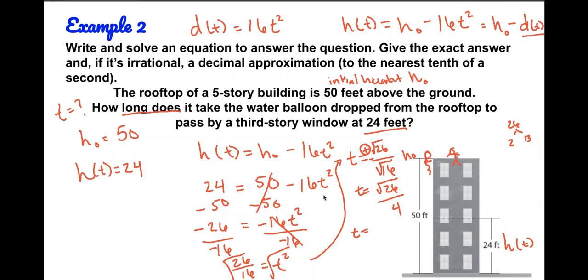Round it to the nearest tenth. It's approximately 1.27, to the nearest tenth. So it would be, again, t equals 1.3 in this case. And we say seconds. So you can go ahead and write your statement.